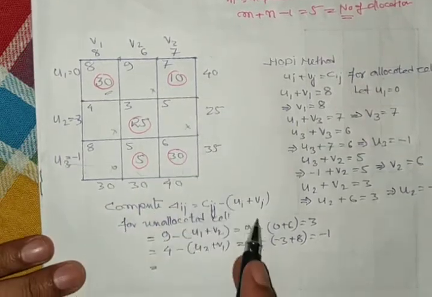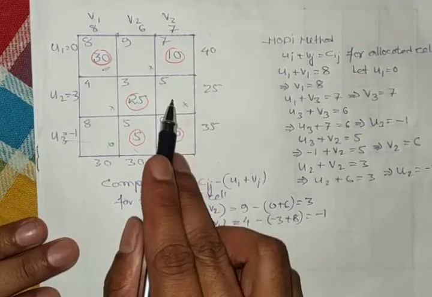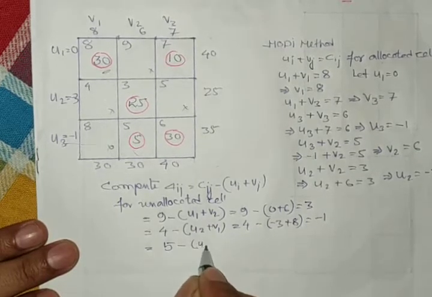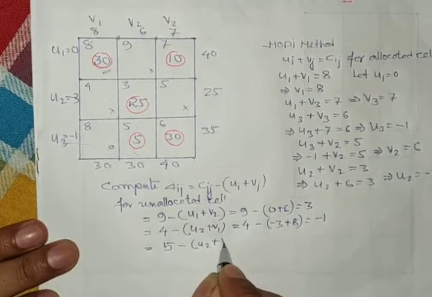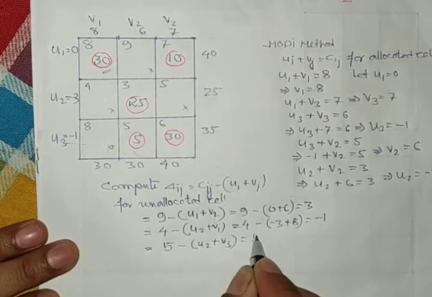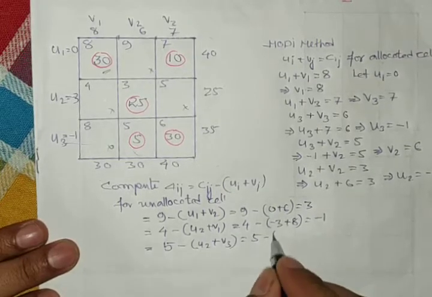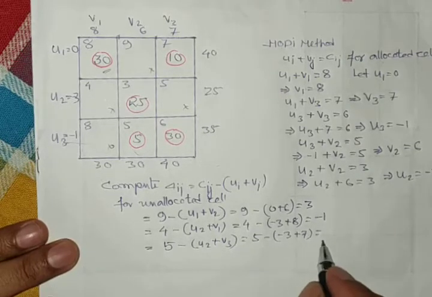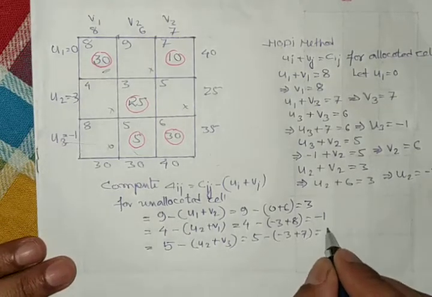Similarly for this one, it will be 5 minus (U2 plus V3). 5 minus (minus 3 plus 7). So how much will it be? It will be 1.